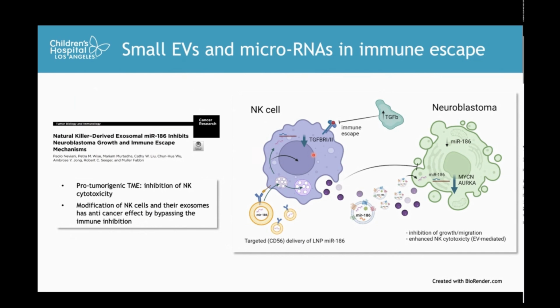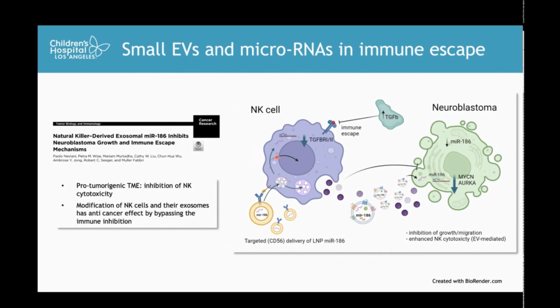We tried to restore MIR-186 expression, not directly into the neuroblastoma cells, but into the NK cells, because MIR-186 was predicted to target the TGF-beta pathway, but also MYC-N and its partner aurora kinase A. We utilized nanoparticles to transfect MIR-186, and we found that MIR-186 was then found in the NK-derived exosomes. So this mechanism was working on two different levels.